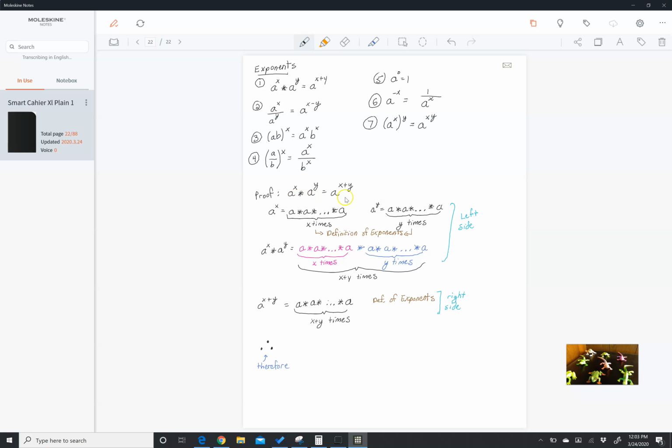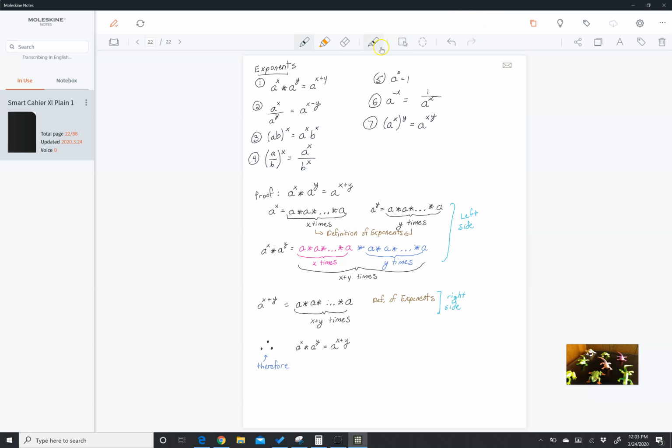It's saying that the left side is equal to the right side. Again, this is just to be clear. So a to the x times a to the y is equal to a to the x plus y.